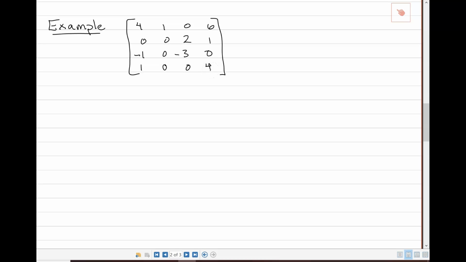Okay, so in this example, we've got a 4 by 4 matrix, and we're going to compute the determinant of it. I'll start by looking at the 1, 1 entry and then computing the determinant of that submatrix I get when I cross out the first row and first column. So I'm going to have 4 times the determinant of 0, 2, 1, 0, minus 3, 0, 0, 0, 4.